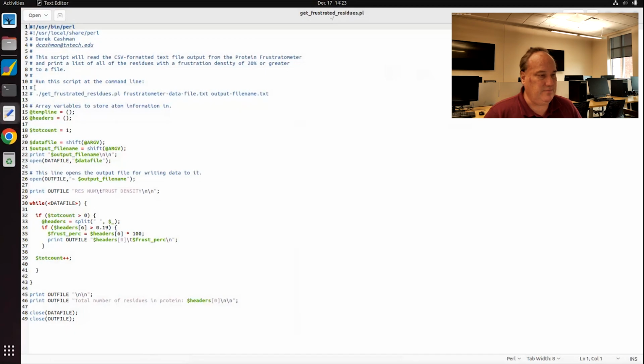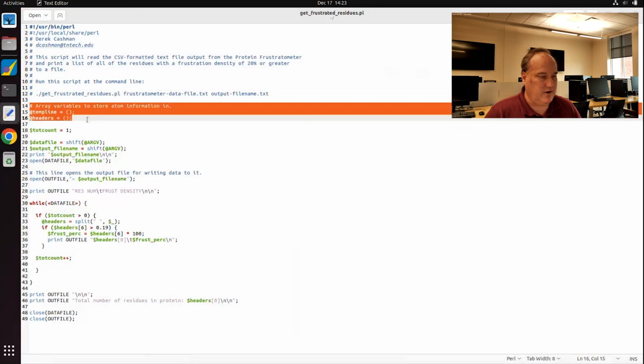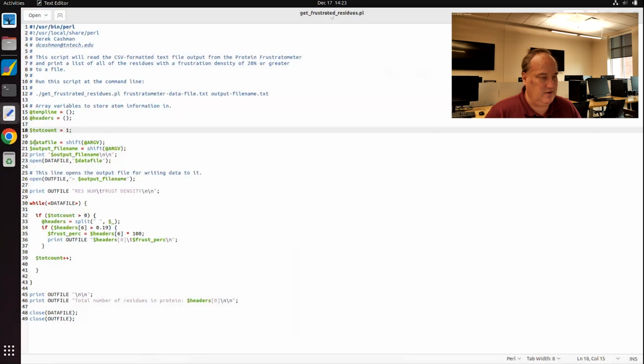To run this script, I've got a comment in here, and we just type ./get_frustrated_residues.pl. We give it 2 arguments, the name of our frustratometer data file and our output file name, right? And then it reads those into a temporary array. It implements a counter.